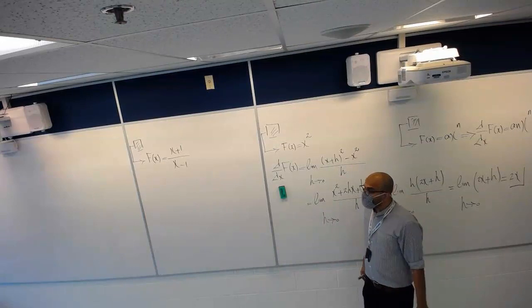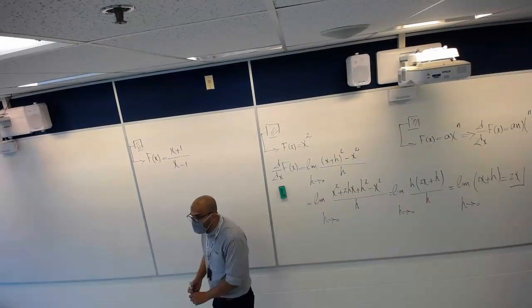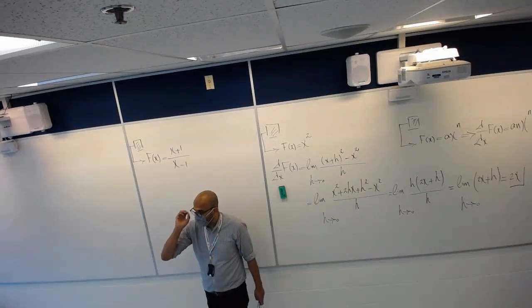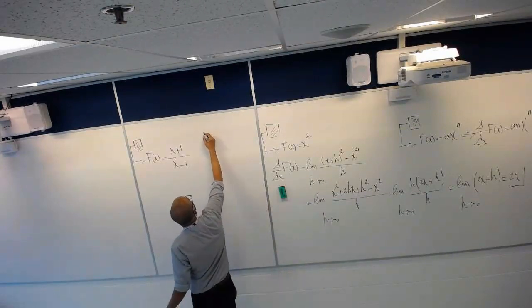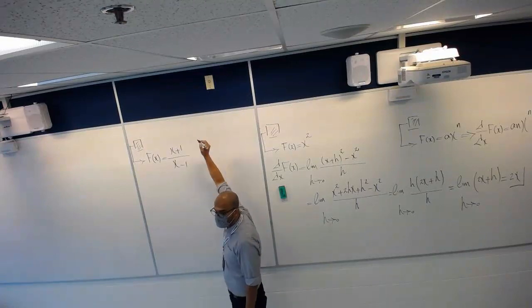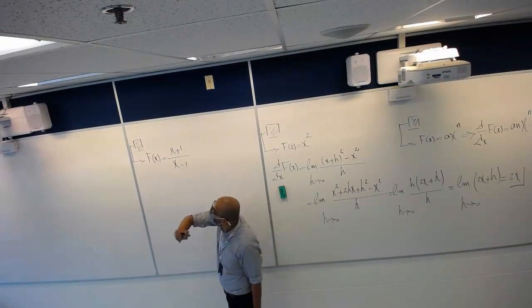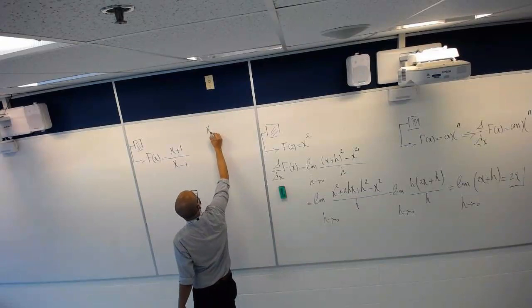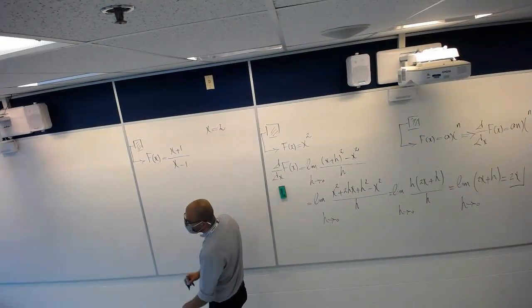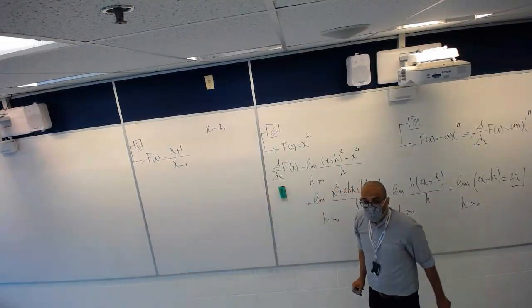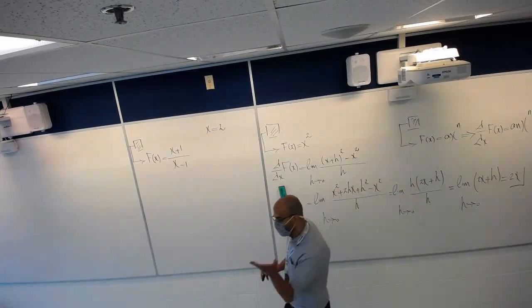I ask you, please find both the tangent line and the normal line at the point x equal to 2. That's what we want to do today for the next half an hour.